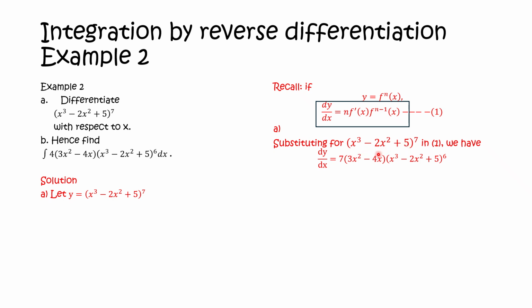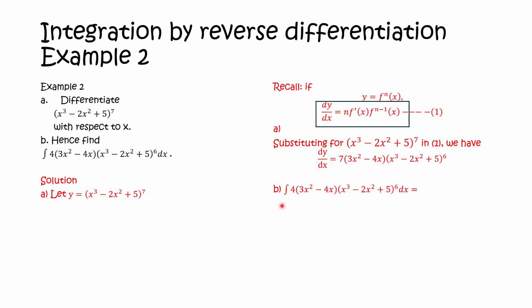And we differentiate the inner part of that function: when we differentiate x cubed, we get 3x squared, minus 4x, times the function itself, x cubed minus 2x squared plus 5, all raised to the power 6, which is n minus 1. So 7 minus 1 gives us a 6. So with that, we get our dy dx as that.